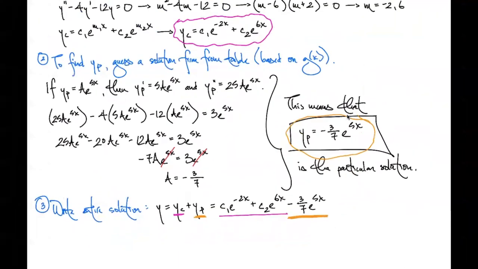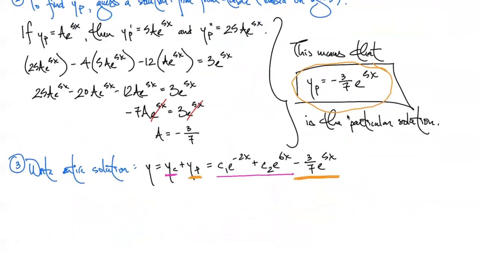So I'm going to go ahead and substitute in the first initial condition. So y of 0, we said is 18/7, which is everywhere I see an x, I'm going to put a 0. So C1 plus C2 minus 3/7.